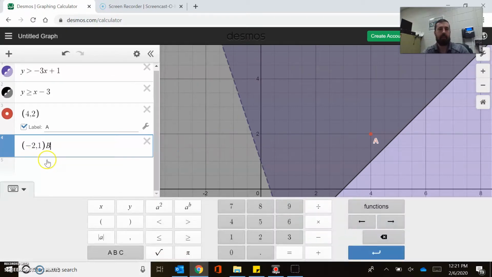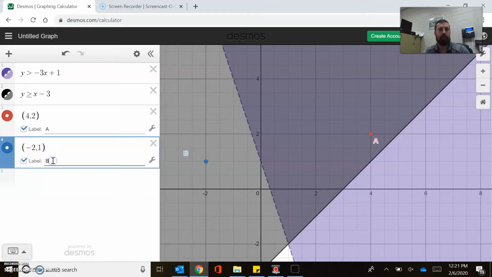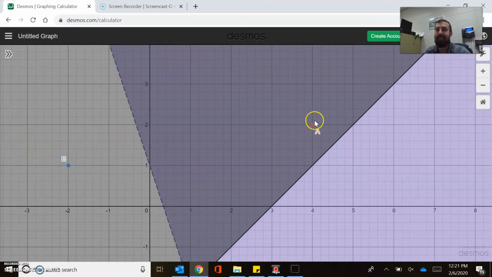I'm going to label that B. If you look here, A is a solution because it's inside the double shaded area. B is not a solution because it's not inside the double shaded area. So when you put in all of your solutions, make sure they're all inside that double shaded area.